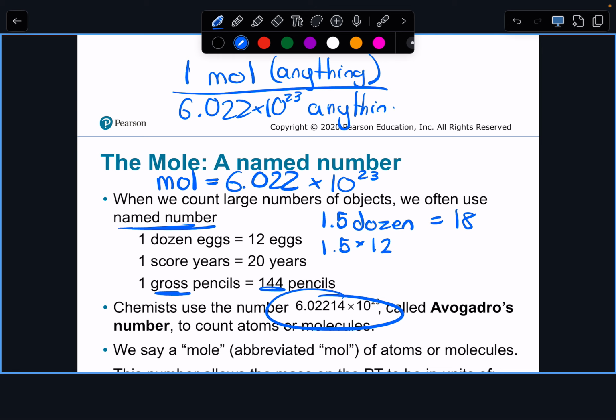Now, most of the time, those anythings are going to be atoms or molecules, so I'll go ahead and write atoms or molecules here. Technically, it could apply to anything. 1 mole of eggs equals 6.022 times 10 to the 23rd eggs, or bagels, or whatever. But we're going to use it for atoms and molecules most of the time. Okay, so that's another important conversion factor.